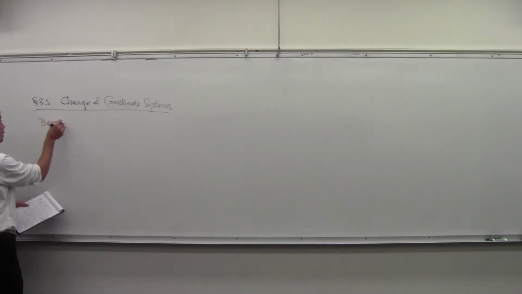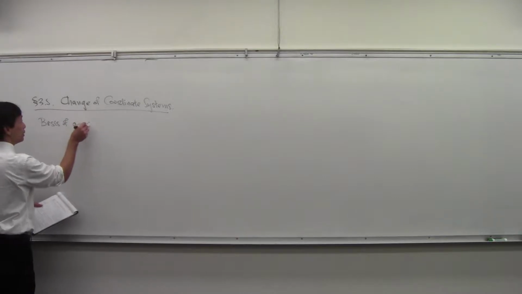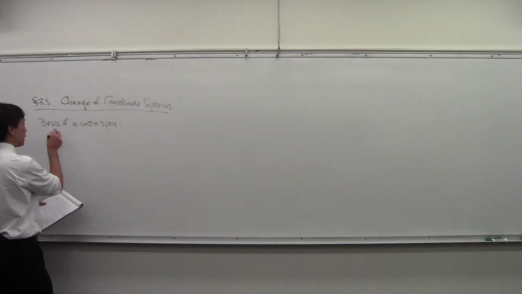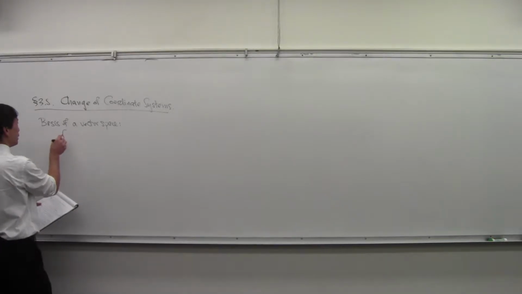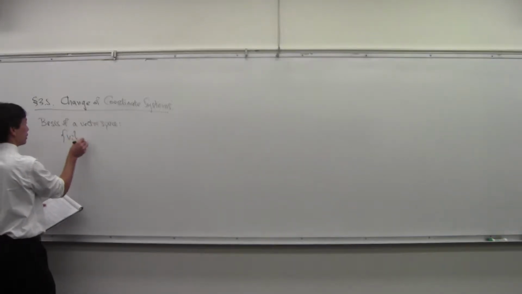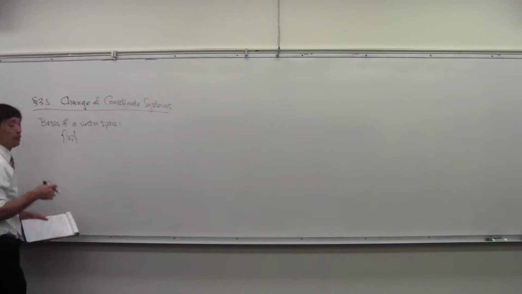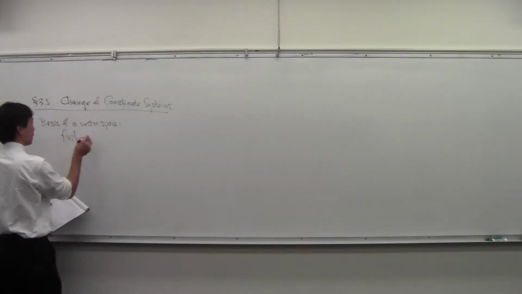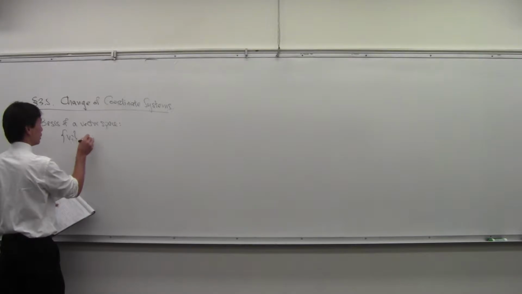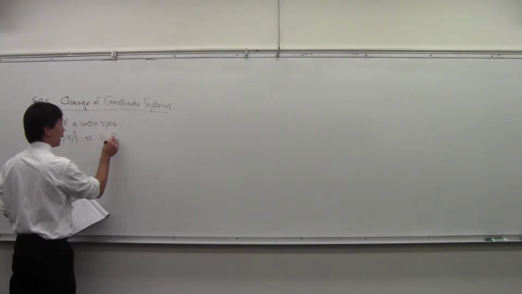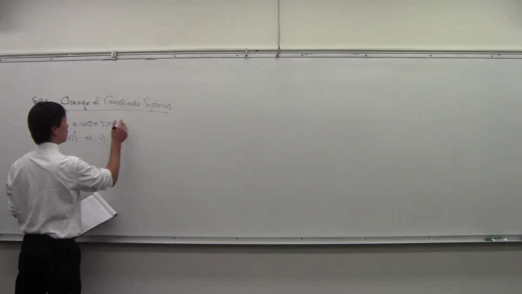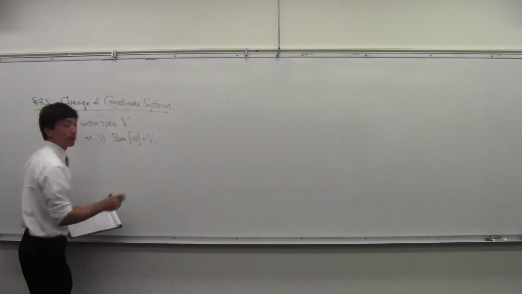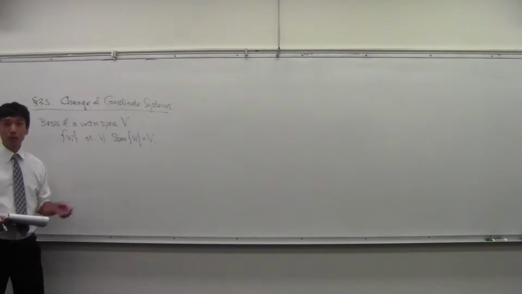So remember what a basis is. The basis of a vector space is a set of vectors such that, one, the span of the vectors is all of V. So they're a spanning set.